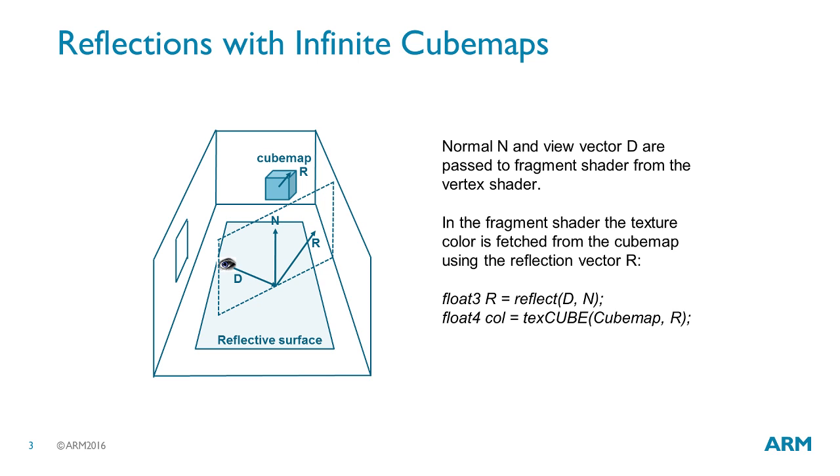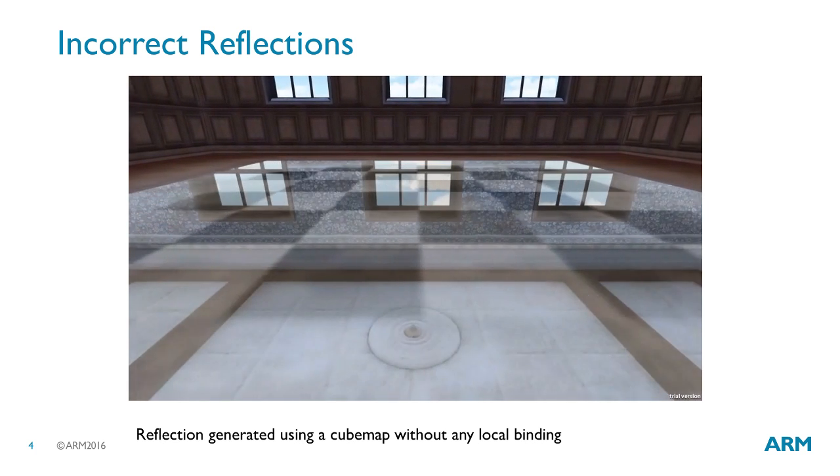But the problem is that the cube map works fine when you are dealing with reflections from a distant environment, for example, from the skybox. But when you are dealing with reflections in a local environment, for example, in this room, and we bake a cube map, we render a cube map from some point in the room, and we try to implement reflections in a local environment, this is what we get.